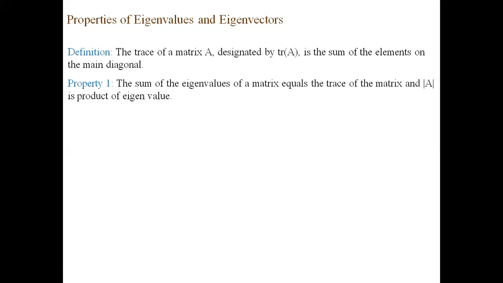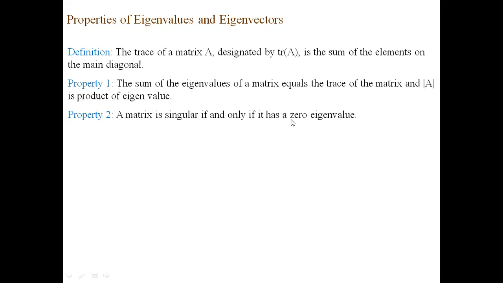Yes or no? Yes, sir. Okay. What is next? A matrix is singular. What does singular mean? Determinant is equal to 0. A matrix is singular if and only if it has a 0 eigenvalue. Can someone tell me why it has a 0 eigenvalue?